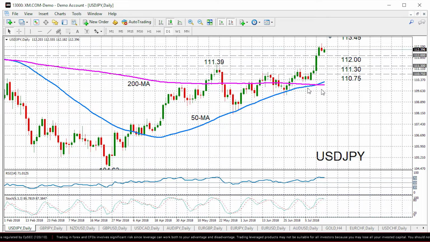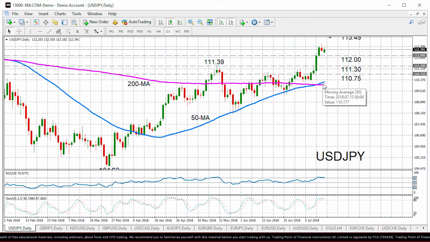In fact, we did just get a bullish crossover of the 50-day moving average with the 200-day one earlier in the month. To the downside, though, we do see prices heading back down again. Immediate support should come from around the 112 area, and further down we have potential supports around 111.30 and 110.75 before prices would make their way towards the moving averages.